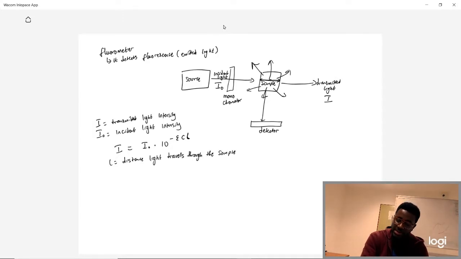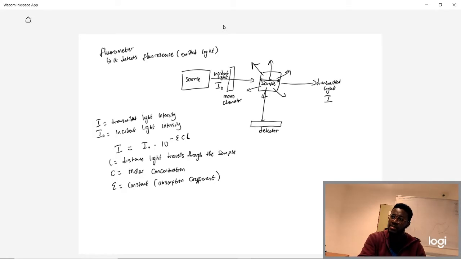What is C? Molar concentration. Exactly, molar concentration. And your epsilon is just a constant, your absorption coefficient. You understand, right? Yes.